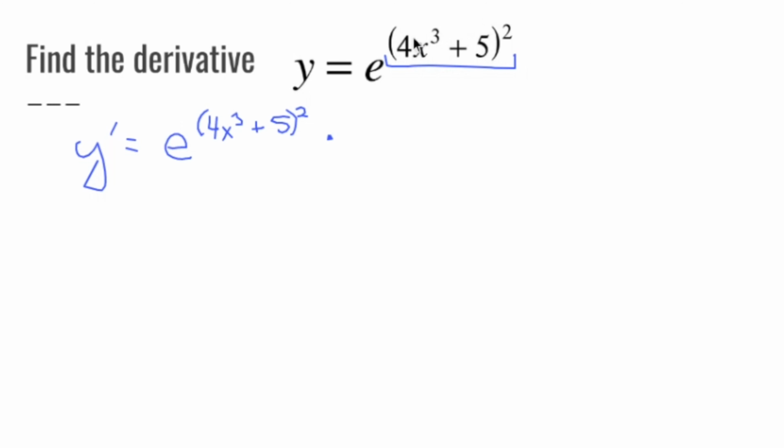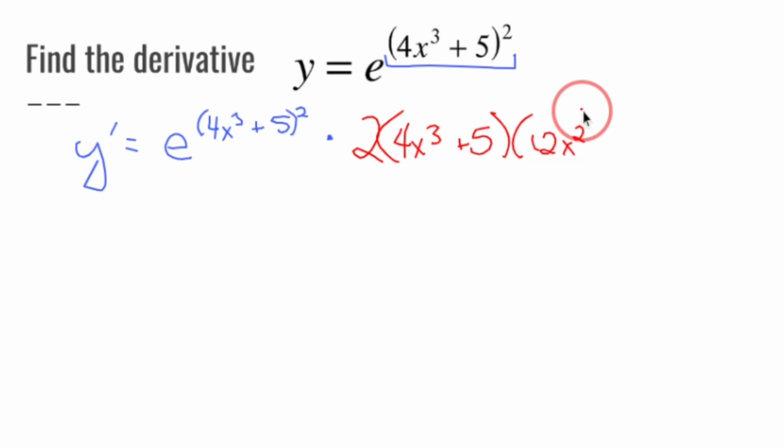So this says take the derivative of the outside stuff, which has me dropping down a 2, turning that 2 into 1, keep the inside stuff, so 4x cubed plus 5, but then multiply the whole thing by the derivative of the inside stuff. The derivative of the inside stuff is 4x to the third, which means let's multiply 3 and 4, make it 12. Drop that x to the third down to an x squared, plus 5 goes away because it's a constant.